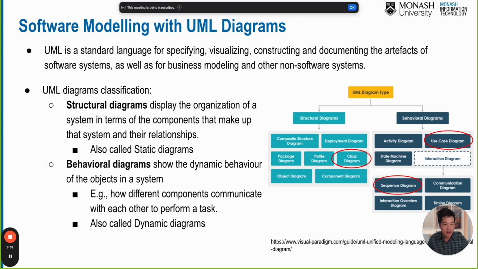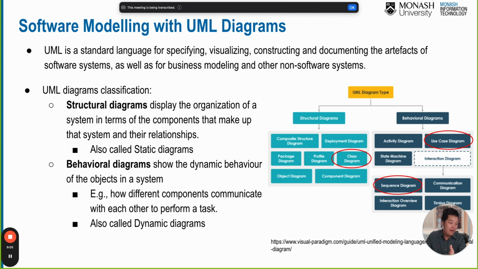So it's quite static, right? But when we talk about the behavioral diagrams, we talk about the dynamic behavior of the objects, what the objects will do, how each of the objects communicates with each other. So behavioral diagrams are about behavior. We talk about the activity. It's quite dynamic.